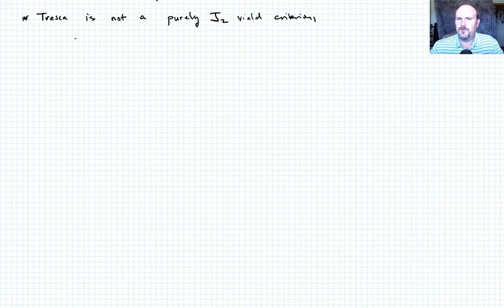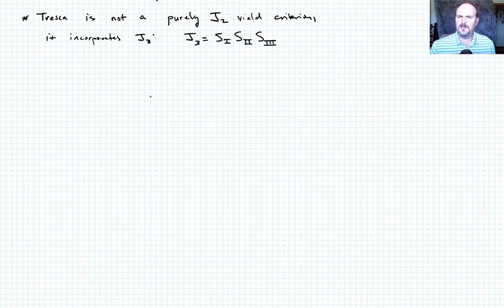The reason is that it incorporates something of J3, where J3 was the determinant. If we're in principal stress space, we can write that determinant just as the principal deviatoric stresses multiplied together.